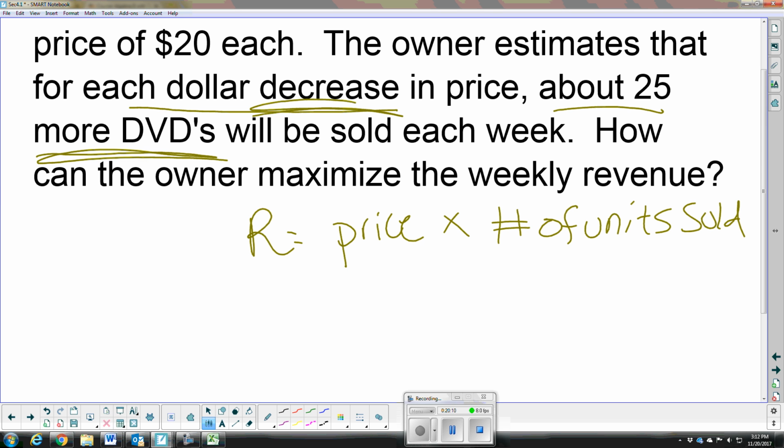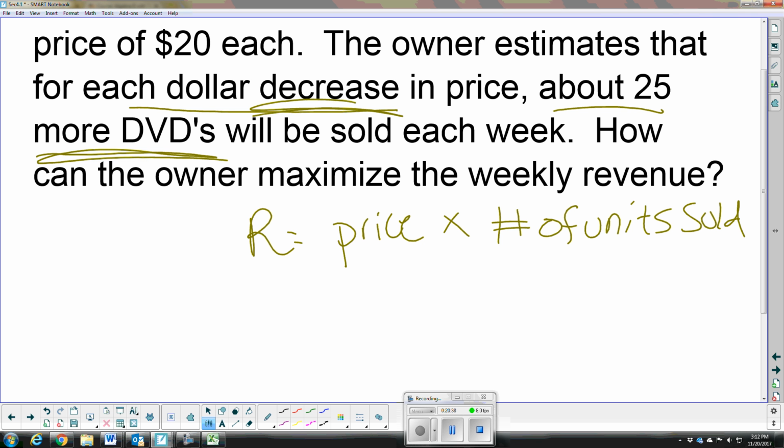So if we're selling a cup of lemonade at $1 a cup, and we sell 3 cups of lemonade, that's the price, $1 times 3 cups, $3 revenue total. Okay, but this is a little bit different. We're working with decreasing price and selling more DVDs.